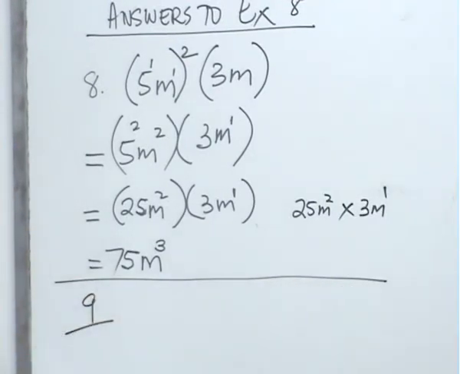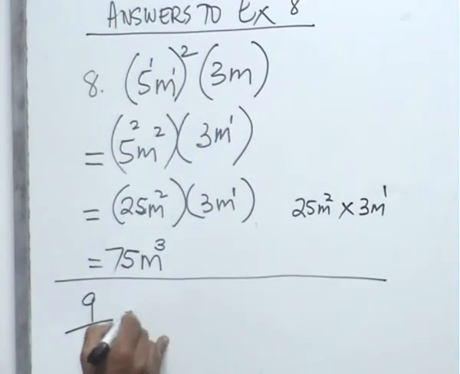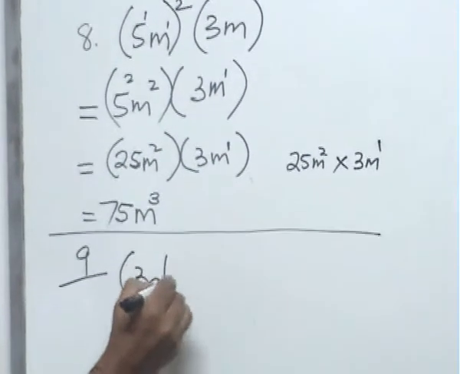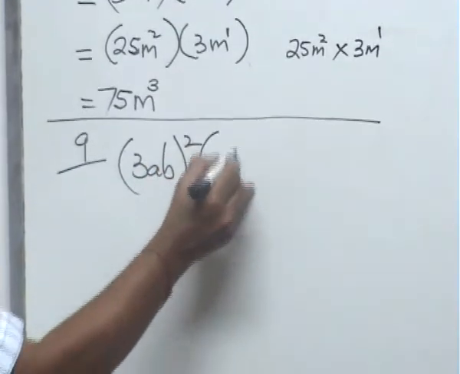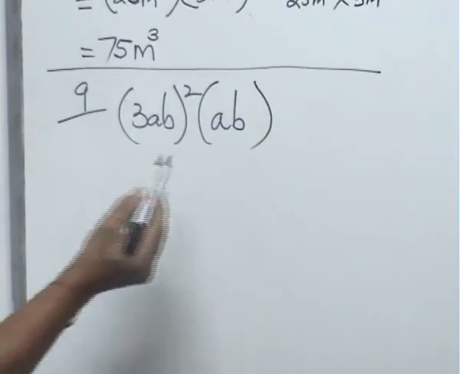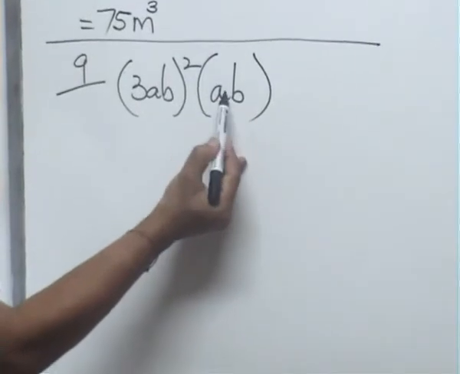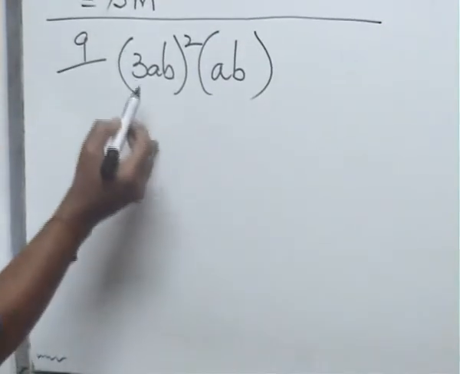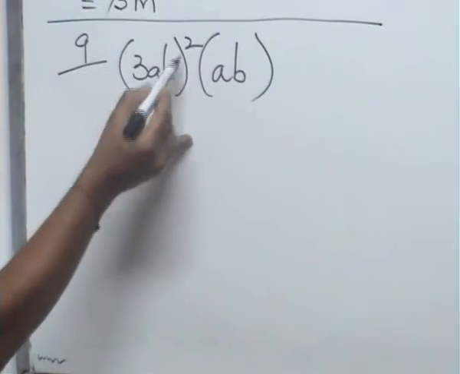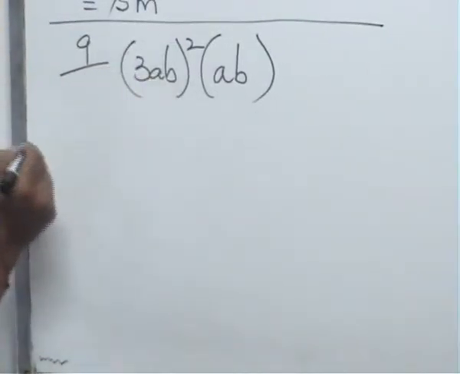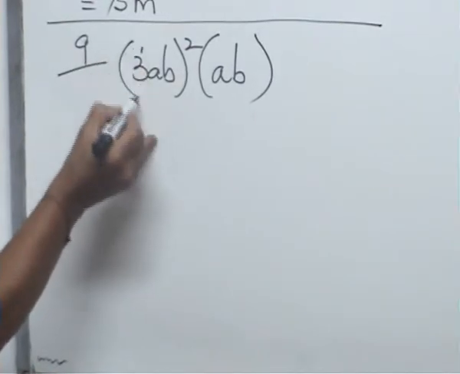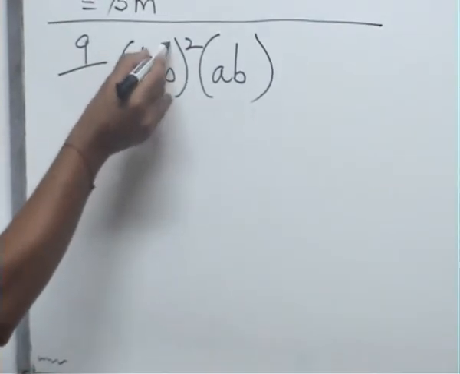Let's have a look at number 9. Number 9, open bracket 3ab all squared times ab. Now, once again, you got power here, but that's 1, so you don't have to worry. But you got 3ab here, and you got the power 2 here. You got power to power, so you're going to use the power to power rule. Now let's understand the index here is 1, the index here is 1, and the index there is 1.